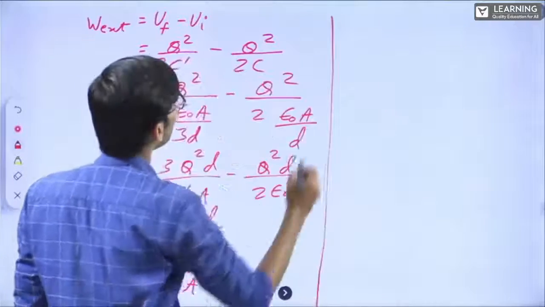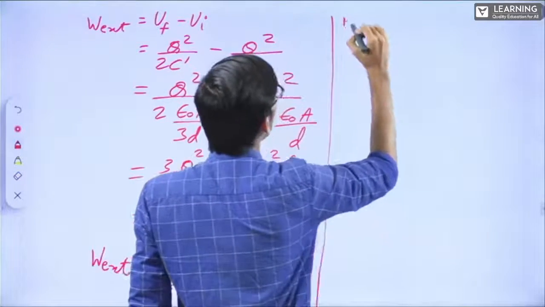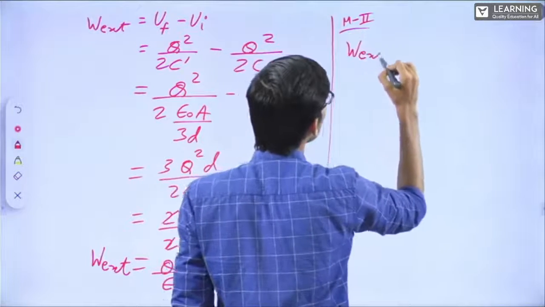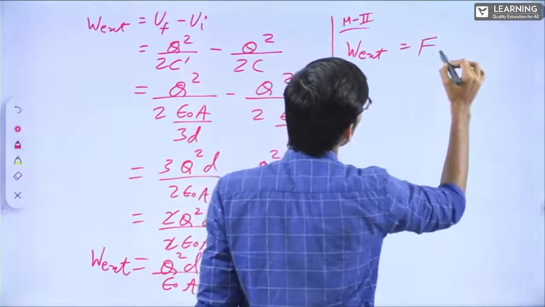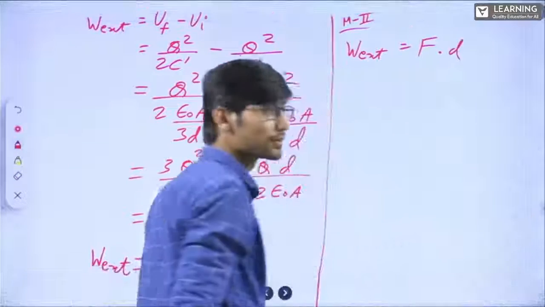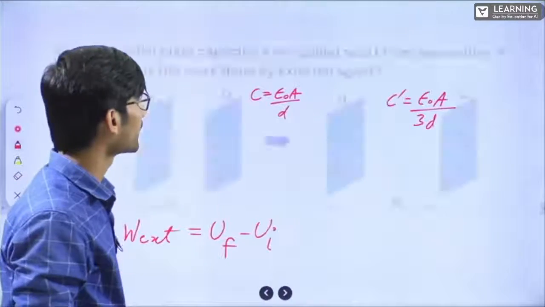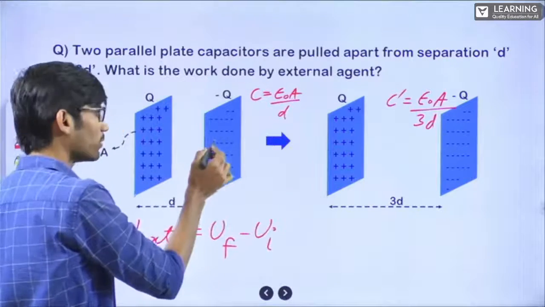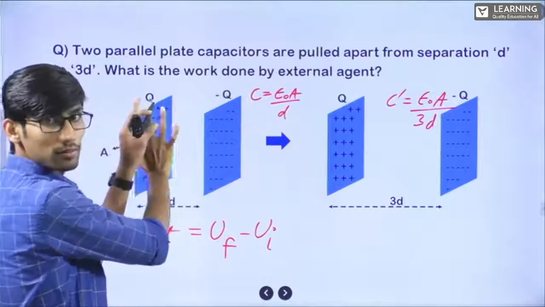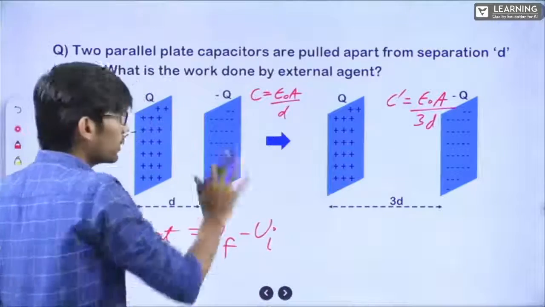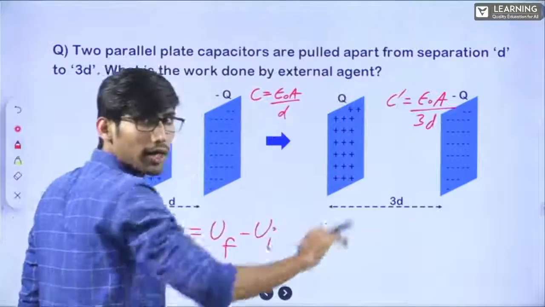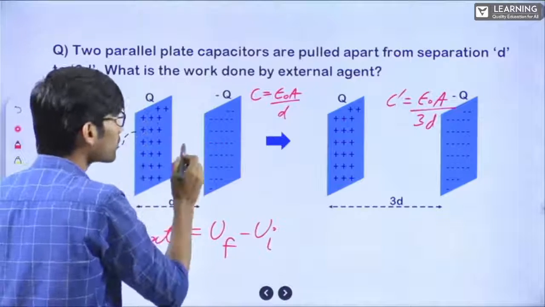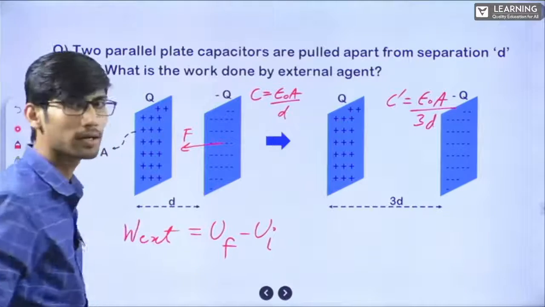There is another way. Method 2. Work done by external agent is equal to force into displacement, correct? Direction of force and displacement is the same. Now the force on this: let's say this I have fixed, I am moving this one. To take this away, I have to put force opposite to the electrostatic force. Because of this, the force on this is in this direction, correct?